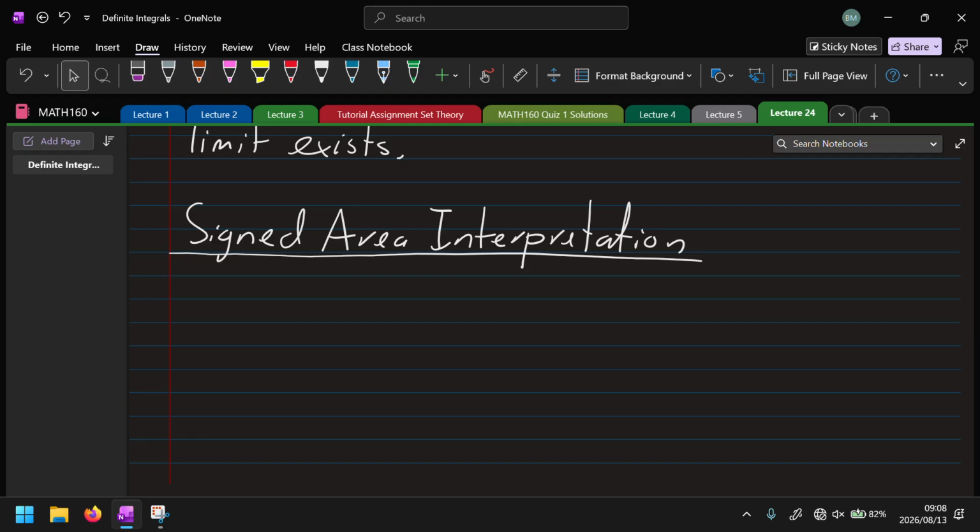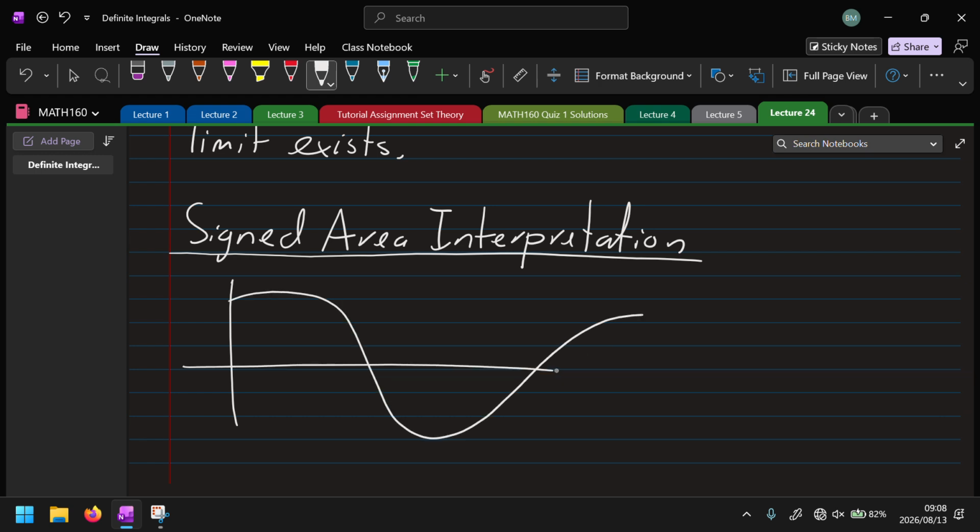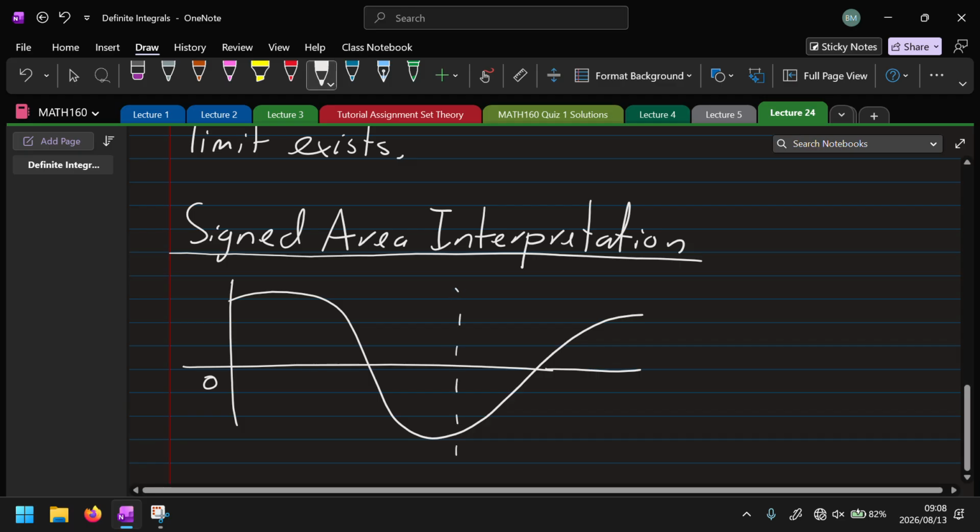The height, the function value, was positive. So the area was positive. But in some cases, we might have something like this. Let's look at the cosine function from 0 to pi, for example. So that should be more in the middle.